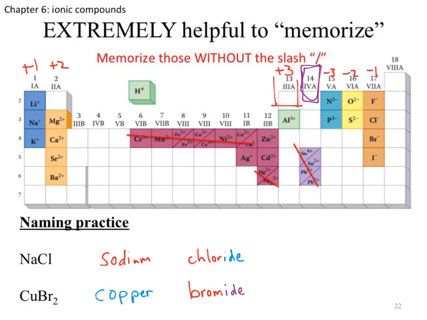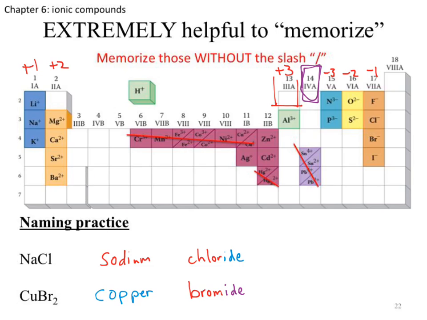It has to be positive 2 because bromide is -1. If there's 2 -1s, what does the copper have to be? Positive 2 to neutralize it. And when we look in the upper right-hand corner, what's the charge? Neutral, 0. It must equal 0. So we know some information. Just by looking at that formula, we know that the copper is a +2.